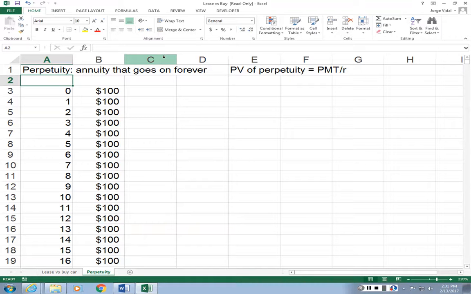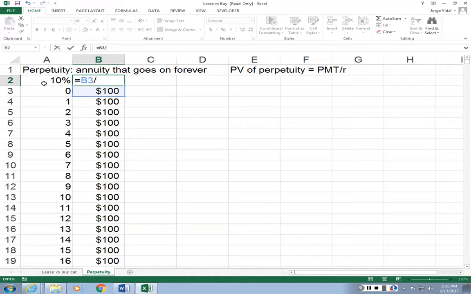Let's use a simple rate, 10%. So what is the present value of this perpetuity? It will be equal to the payment, 100, over 10%, and that equals $1,000. So the most you will pay for this perpetuity, if you want to make 10% on your money, is $1,000. Okay? But since we have Excel, we can actually prove that formula.